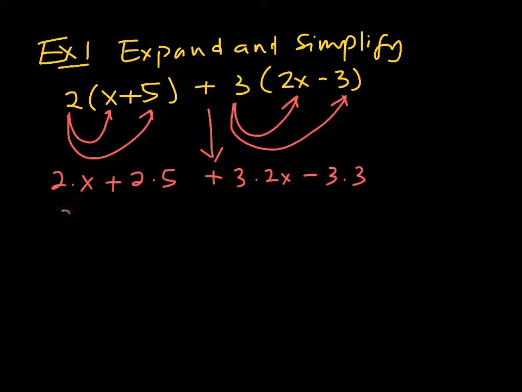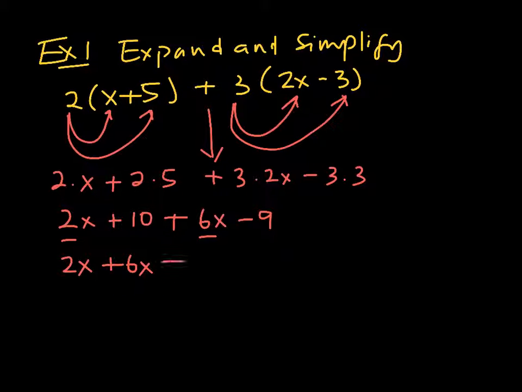2 times x is 2x, 2 times 5 is 10, 3 times 2x is 6x, and 3 times 3 is negative 9. Okay, so now let's bring like terms together. So 6x and 2x are like terms, so 2x plus 6x plus 10 minus 9.